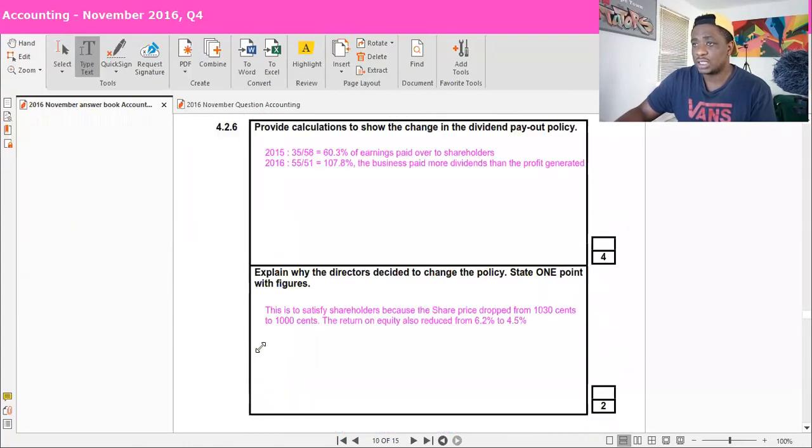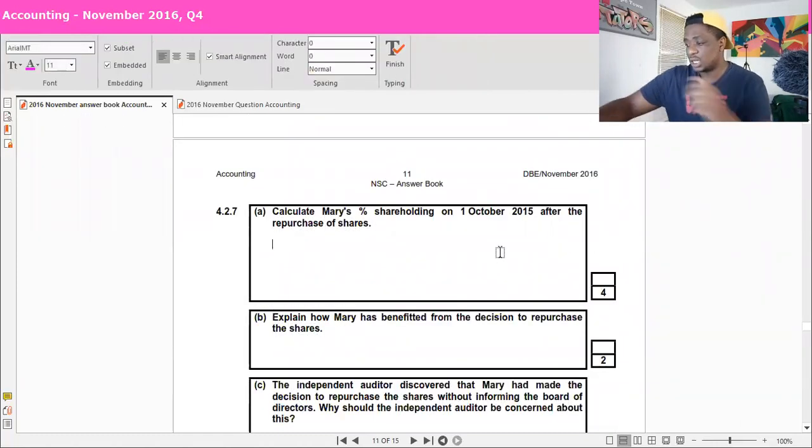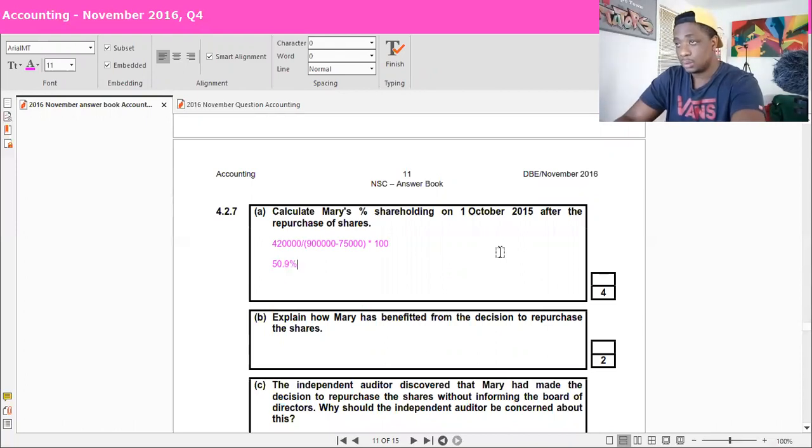So to calculate her percentage shareholding, we would take the number of shares, which is 420,000, and then we divide by 900,000 minus 75,000. And then we'd multiply that by 100. And then that would give us a percentage shareholding of 50.9%.